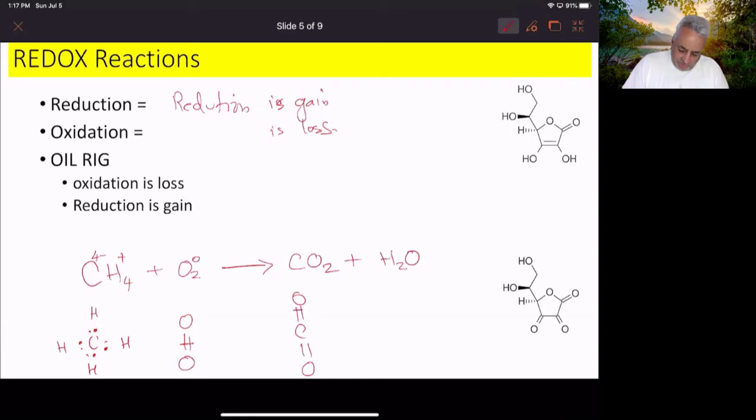So the electrons will be found now closer to the oxygens than the carbon. So in this new relationship, the carbon has lost control over the electrons which it had inside methane. All the electrons are lost, the orbital electrons. So this time, not only has it lost control over the 4 electrons that belong to the hydrogens, but now it's also lost control over the 4 electrons that are present in its outer orbital.